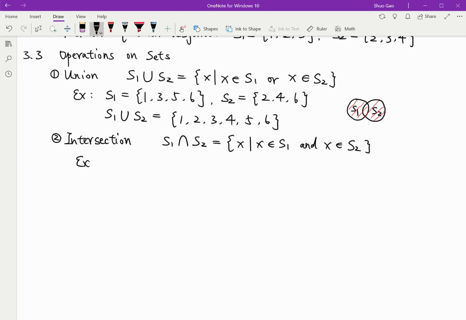So let's give you an example. S1 is 1, 3, 5, 6 again, and S2 is 2, 4, 6, the same example as above. So S1 intersect S2. Let's write it again.